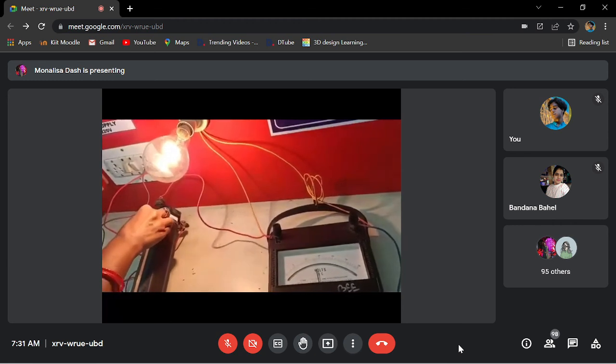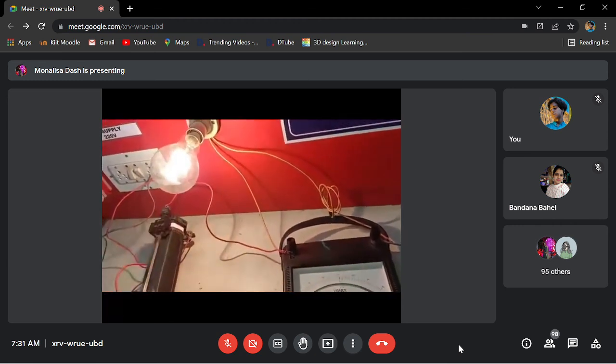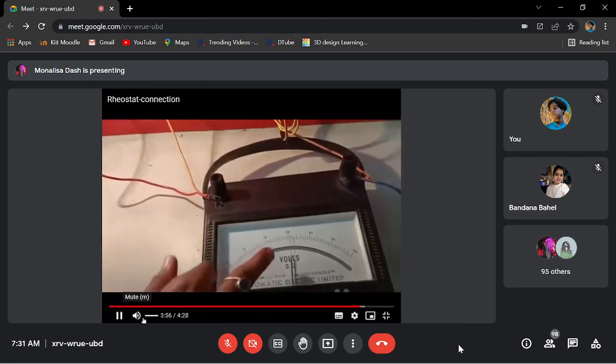Now it is maximum. Okay, the maximum voltage is my 1.